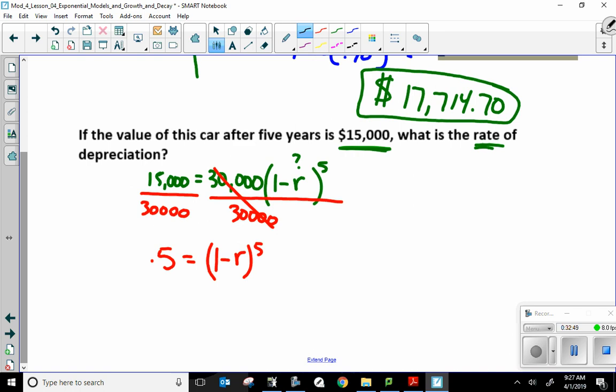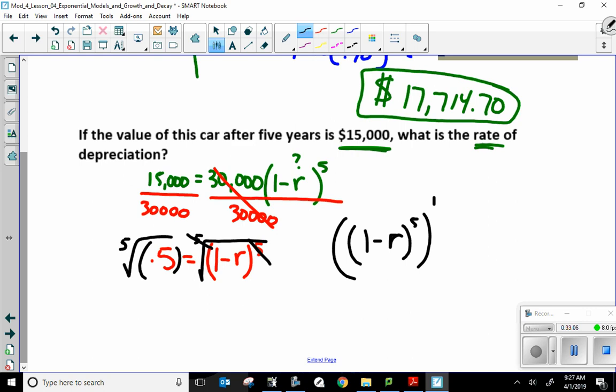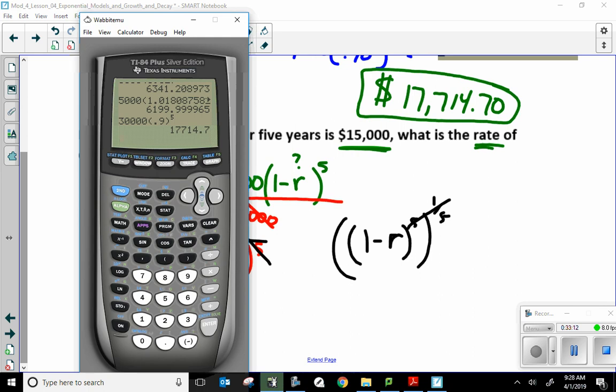So if I'm raising something to the power of 5, okay, I got to put it to the 5th root. Okay, this 5th root and this power of 5 cancel. If you want, you could also raise it to the 1/5 power because they'll cancel. You could do that to both sides as well. 1/5 power is the 5th root.